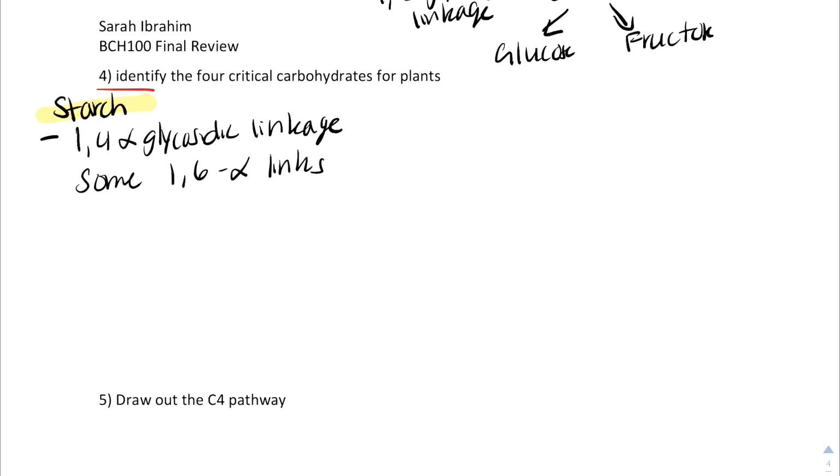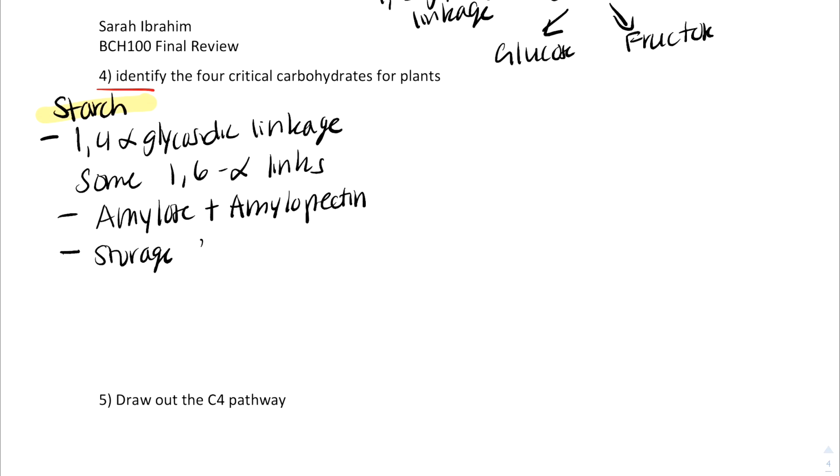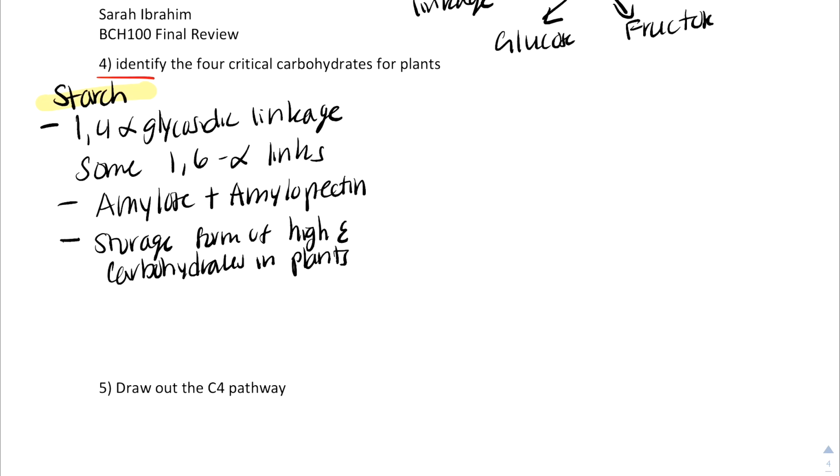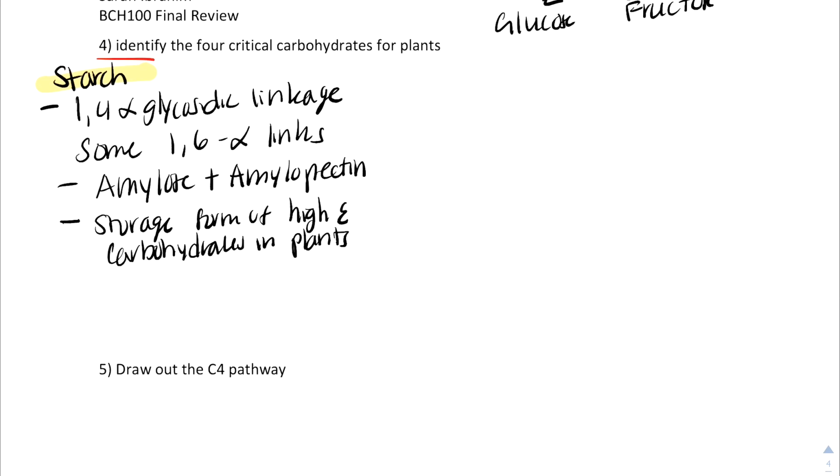Okay, it also has two subtypes, which are the amylose and amylopectin, which we'll also get into in more details. And it's the storage form of high energy carbohydrates in plants. Okay, so these I think are the most key important parts or characteristics of starch.